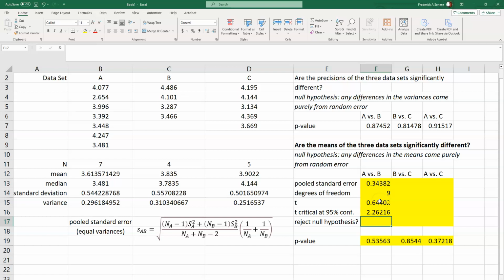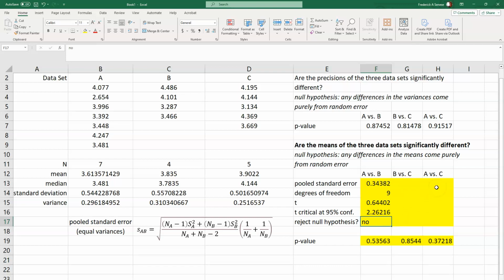Now my t-value is not bigger than the critical t-value, so I cannot reject the null hypothesis with 95% confidence. Now that's the same conclusion that I drew here with the p-value. The p-value was not 0.05 or less, so I could not reject the null hypothesis. And this says again, I cannot reject it with 95% confidence either.